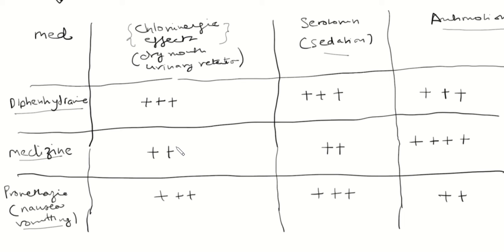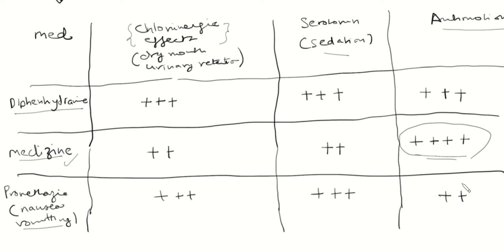Meclizine doesn't have as much cholinergic and sedative effect, but it has a huge amount of anti-motion effect. So guess which drug is used for motion sickness a lot of times? Meclizine. Excellent.